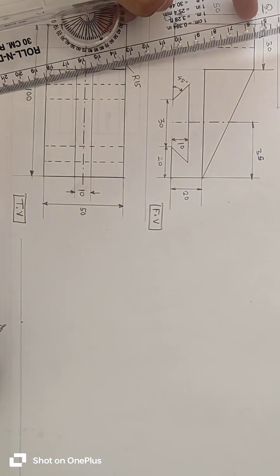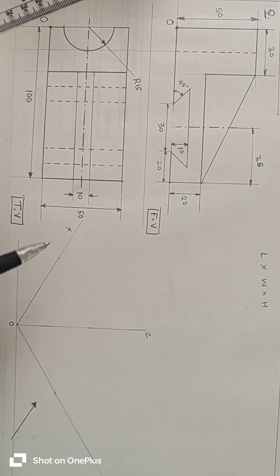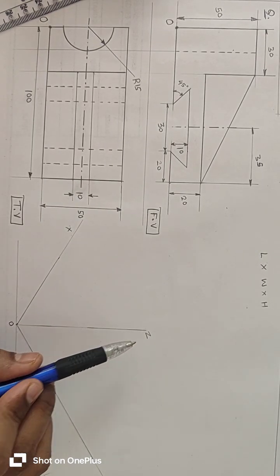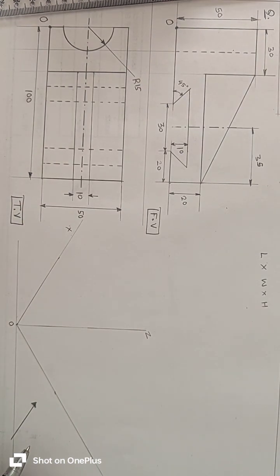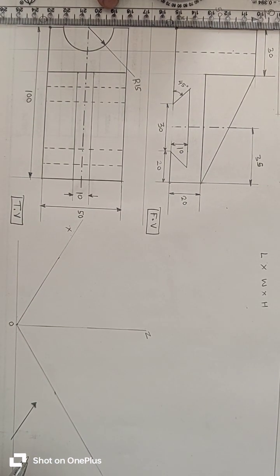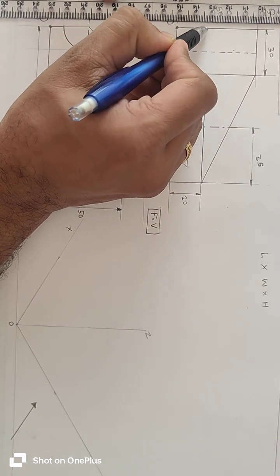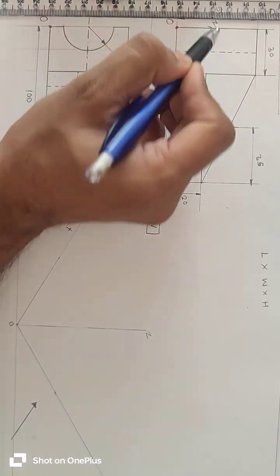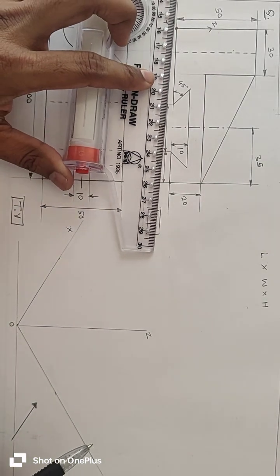Okay, suppose this is point O. See, this is the x, y and z axis. So in the question we can take, in front view, the vertical axis will be z and the horizontal axis will be y.